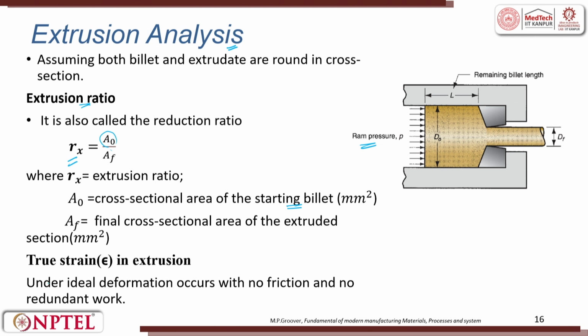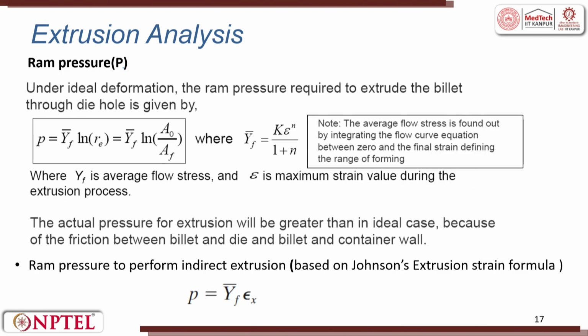Now let us go back to the true strain that we have seen in the initial stages of this course. True strain in extrusion under ideal deformation occurs with no friction and no redundancy of work. You try to calculate the ram pressure.